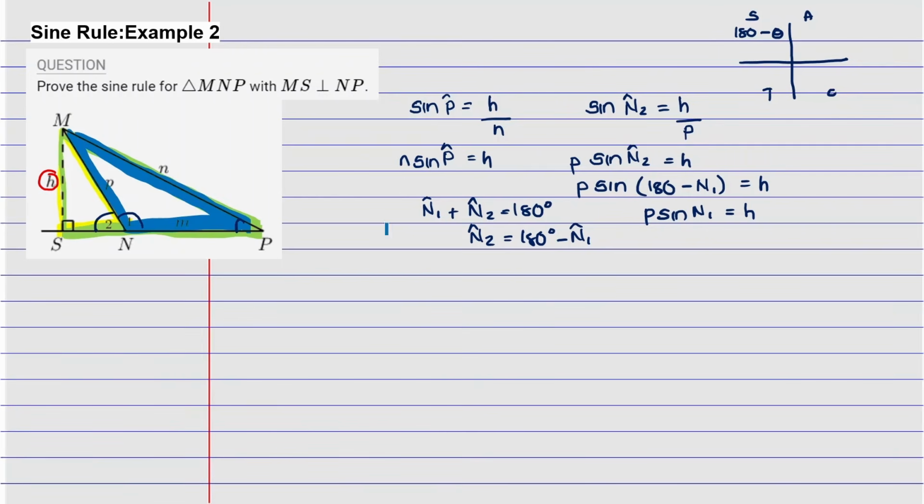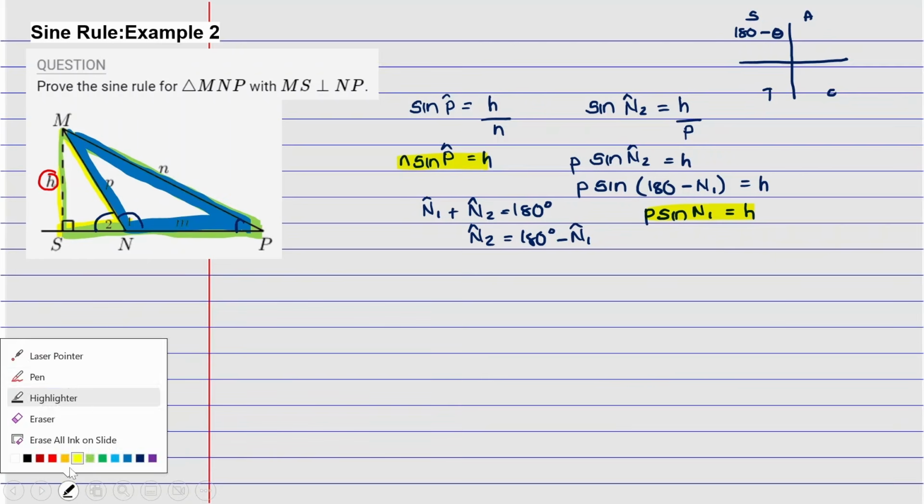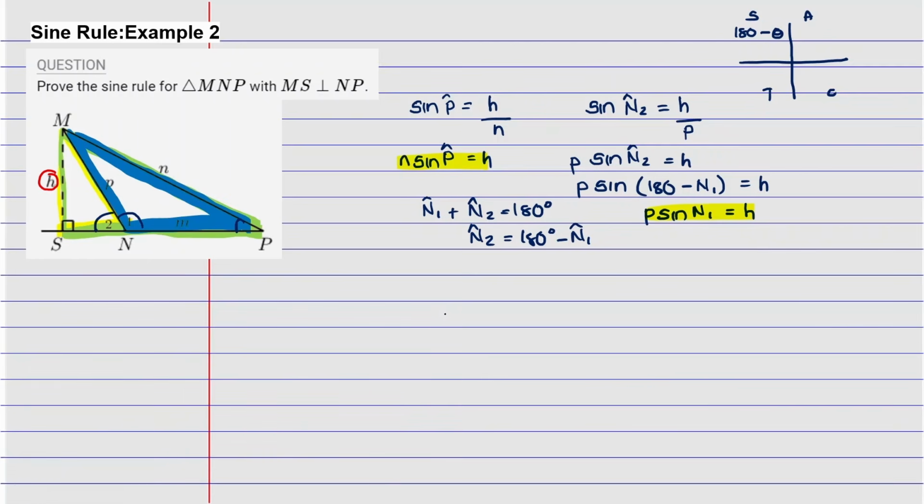So if that's the case, now we're going to equate these two together. Let me just highlight them. We're going to equate these two together because they both equal H. So it's going to be the same as N sine P is equal to P sine N1.